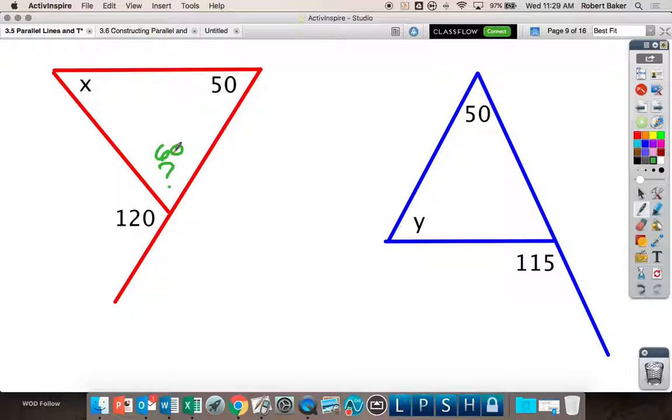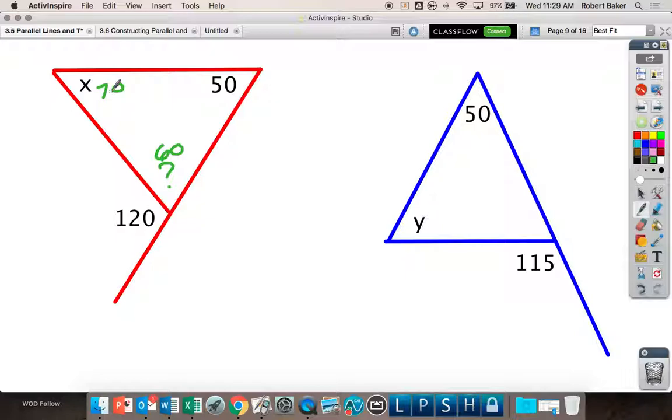So do you have to use the exterior angle sum theorem? No. Now I have two angles on the inside of my triangle and one angle that's missing. So you can use any one you want. Does it change the value of x? Well, how big is x? You can do that two different ways. 70 plus 50 equals 120. Or you can say 50 plus 60 plus 70 equals 180.